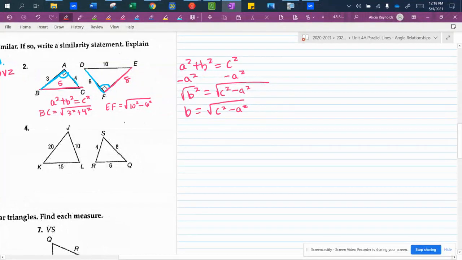So this is proportional by side angle side or side side side, because if we verify with that last side, 5 and 10, that's still going to be proportional. So if I have 3, 4, 5 proportional to 6, 8, 10, those are all equal.